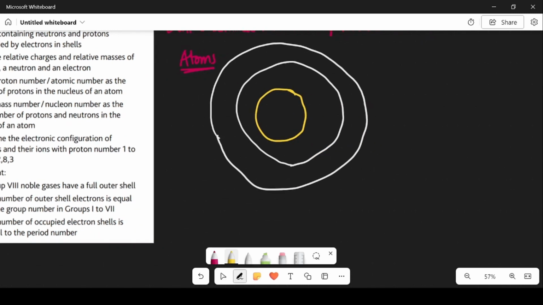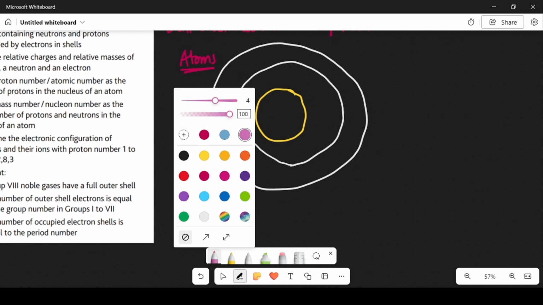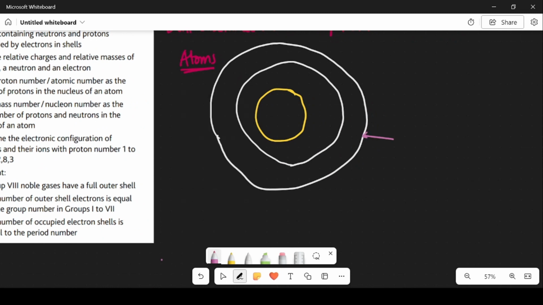Light pink. These are called electronic shells. And in the electronic shells, we have electrons. All these little pink ones that you see here are electrons. So that is an electron.